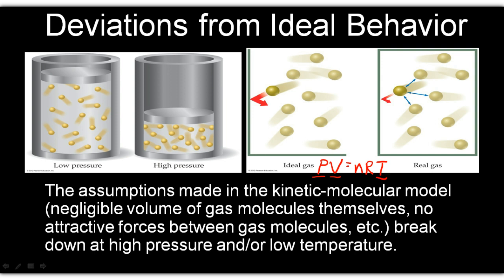When the temperature is high, collisions are more elastic. When the pressure is low, the particles aren't near each other, so they have fewer interactions and not as much attraction.